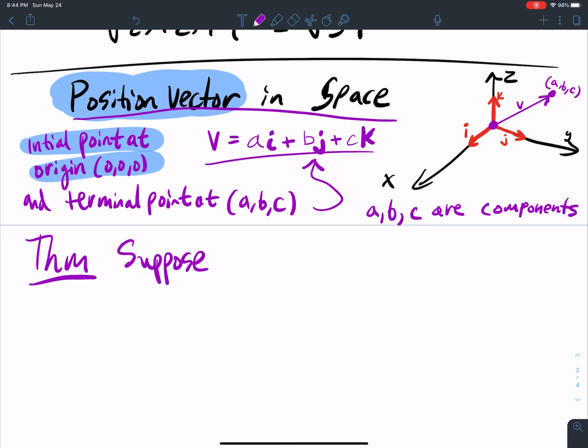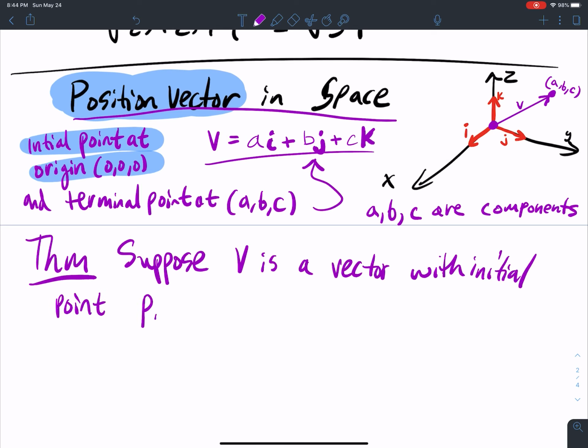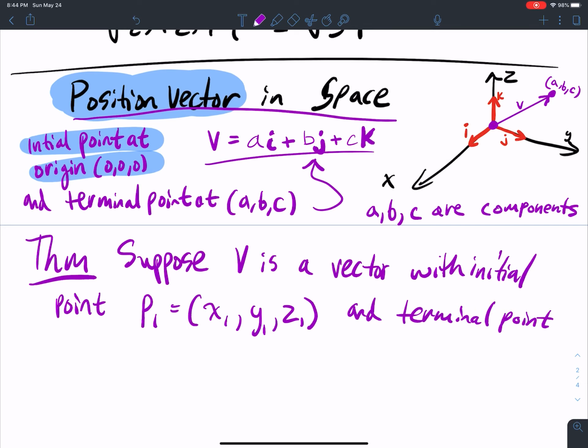Suppose V is a vector with initial point P1 equal to (x1, y1, z1), not necessarily at the origin, and terminal point P2 equal to (x2, y2, z2).